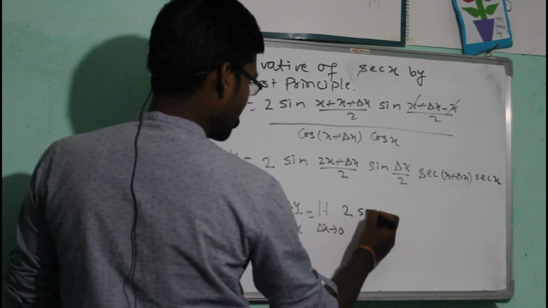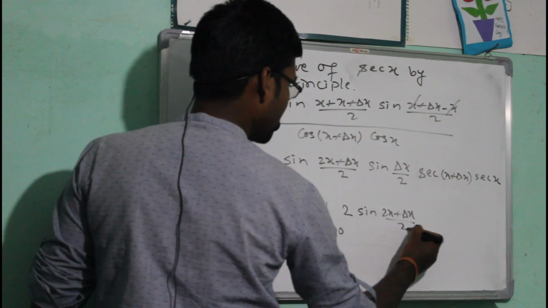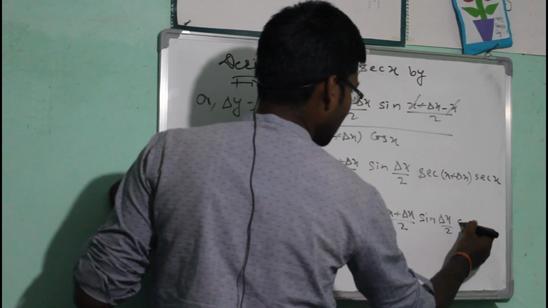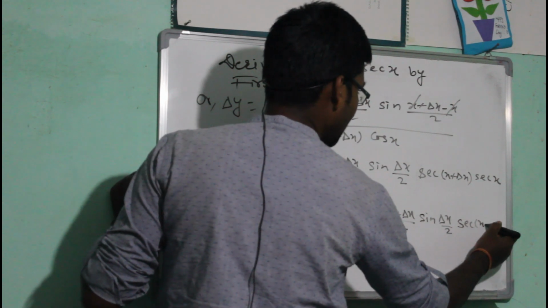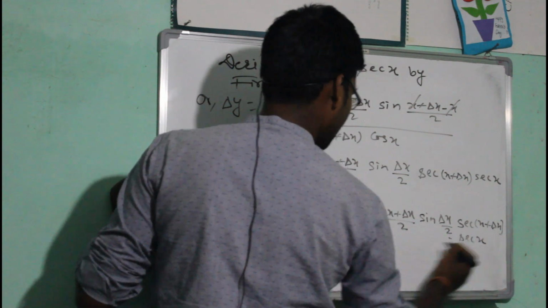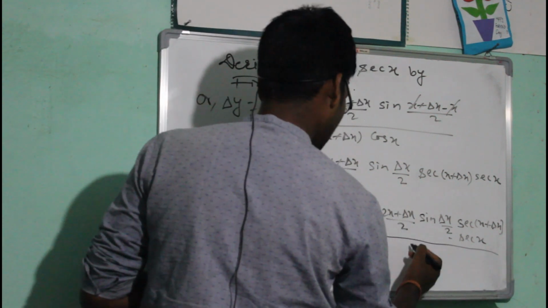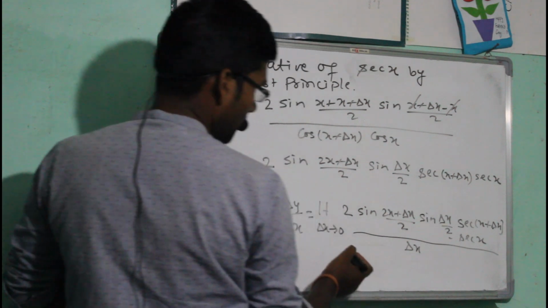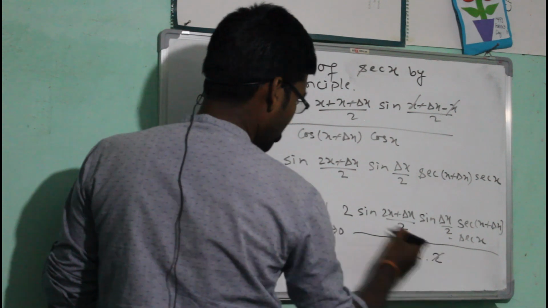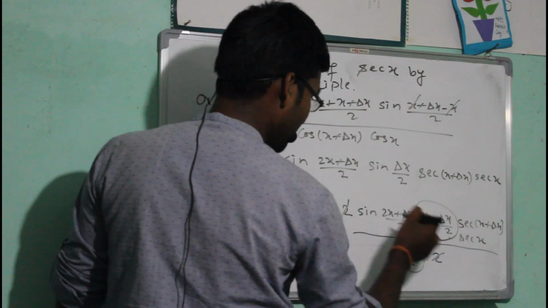Limit delta x tends to 0, the value of delta y is here, so we can write simply 2 sine of (2x plus delta x) by 2, then sine of delta x by 2, then sec(x plus delta x) into sec x, and then whole divided by delta x. So now I'm trying to use the formula, so let's balance this by 2 into 2, this 2 and 2 cancel, now this 2 will be giving 1, sin theta by theta is 1.